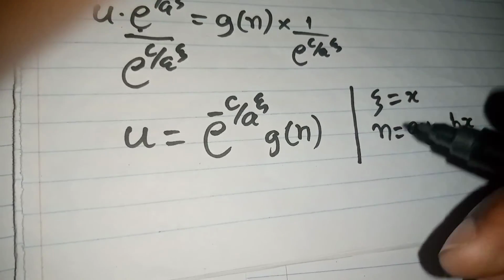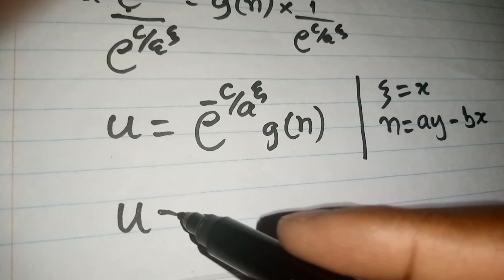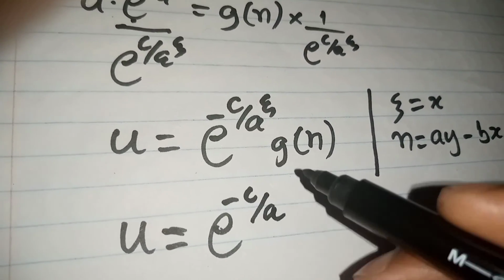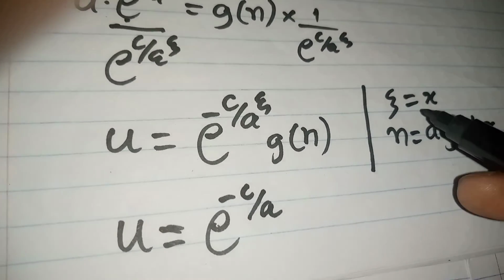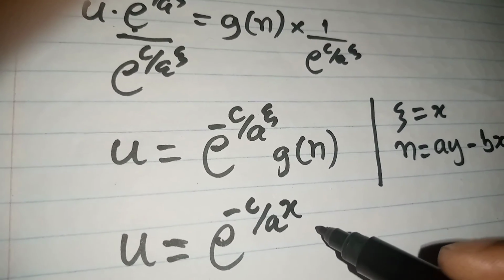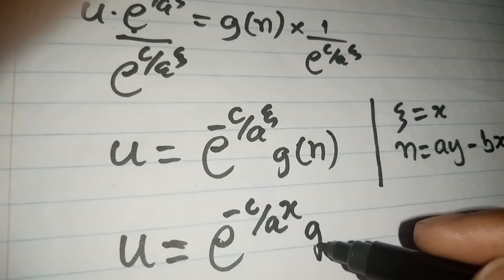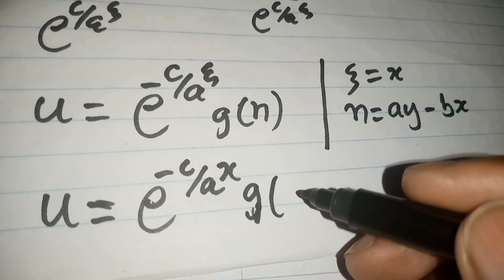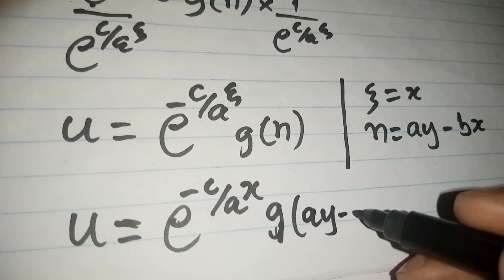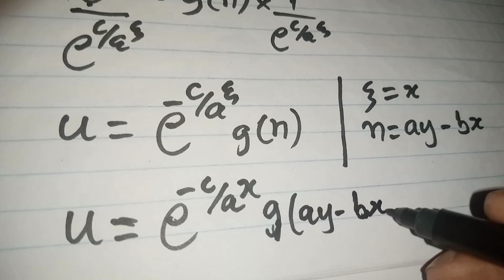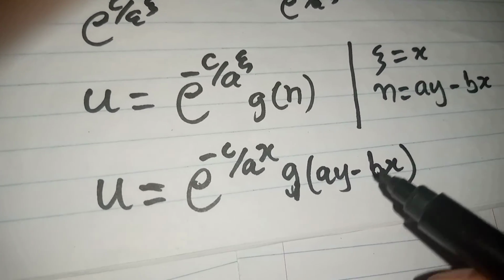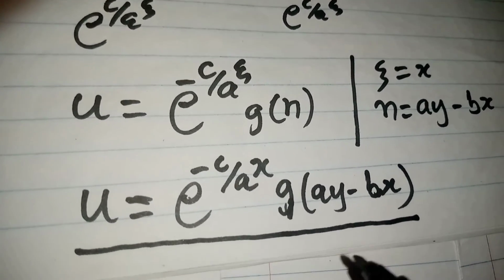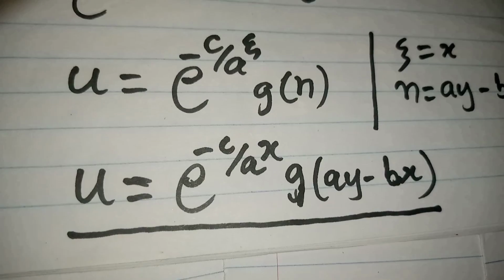Therefore, u is equal to exponential of negative c over a times x, instead of xi, then g of ay minus bx. So this is the solution of the given first order linear PDE.